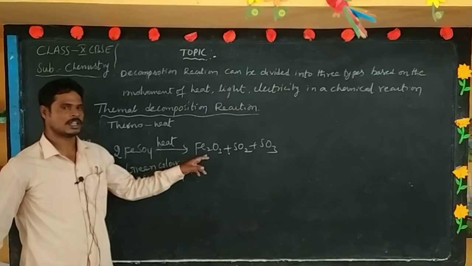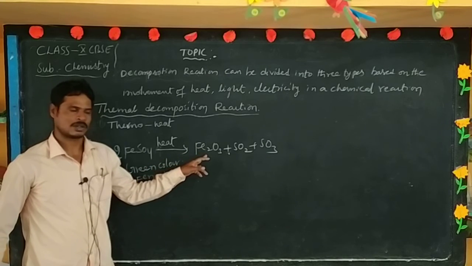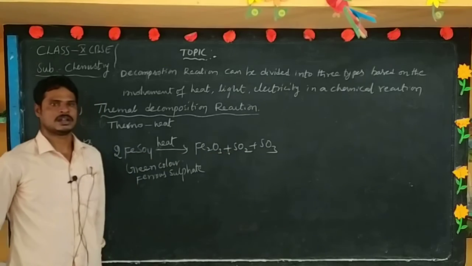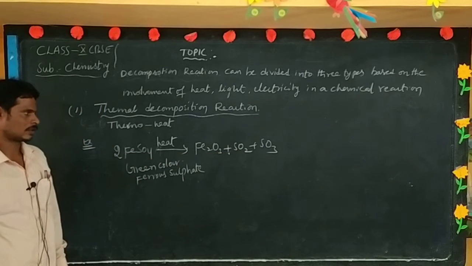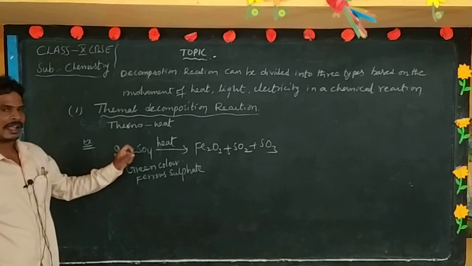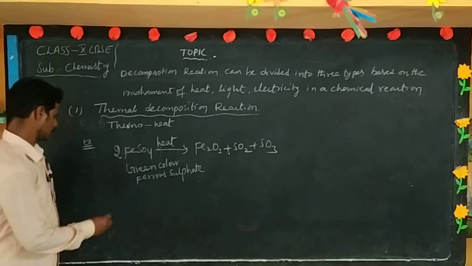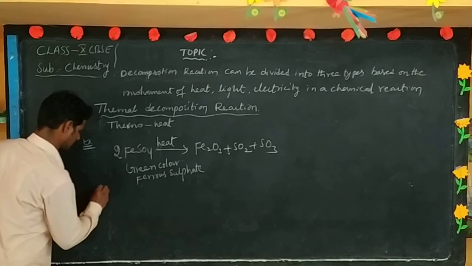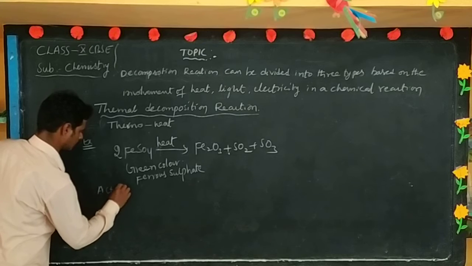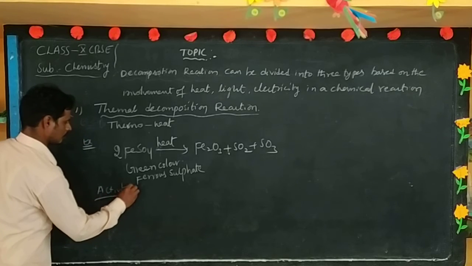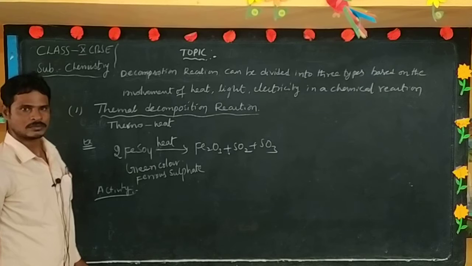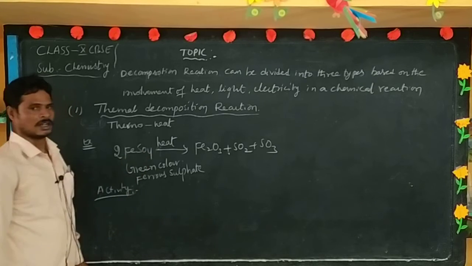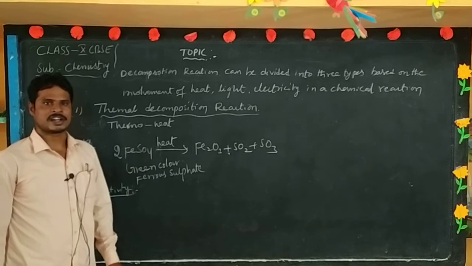Iron oxide, what is the name of the compound? Ferric oxide, sulfur dioxide and sulfur trioxide. Next, let me take an activity. Take 2 grams of ferrous sulfate in a dry test tube.